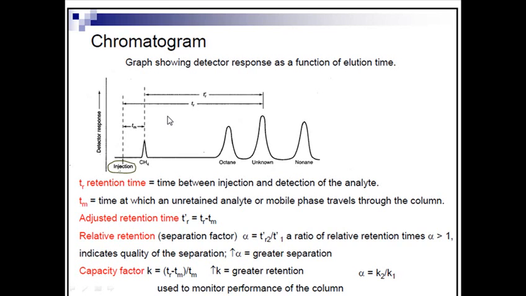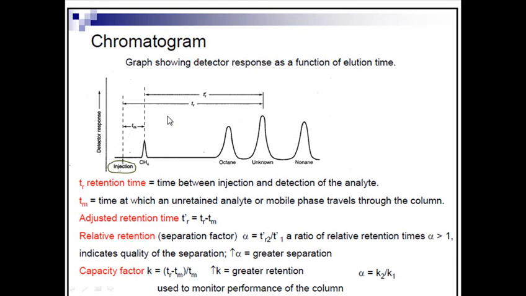After the injection, after some time we have a peak, and here another peak. So what does this peak suggest? This peak suggests the elution of different molecules, the elution of the constituents of the mixture sample which is to be analyzed.